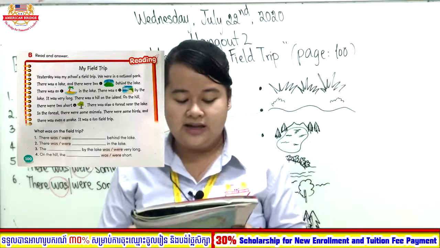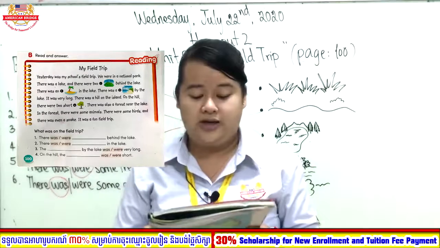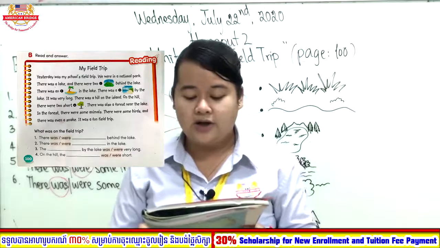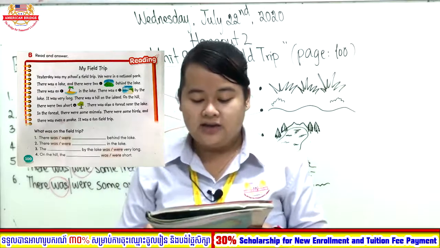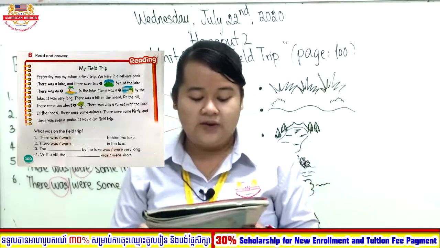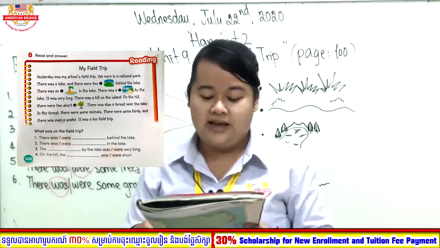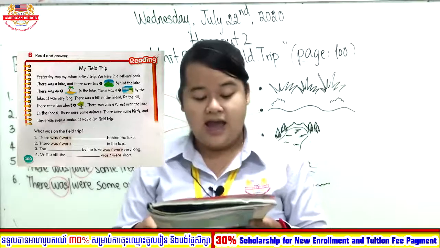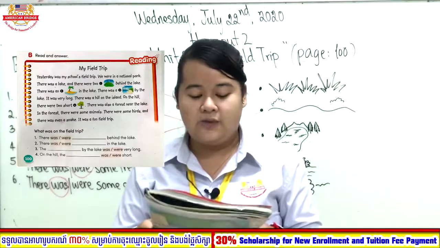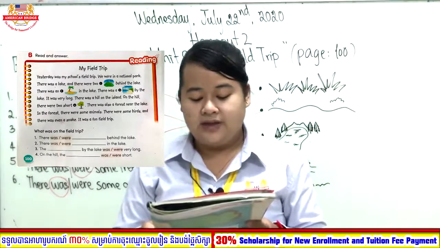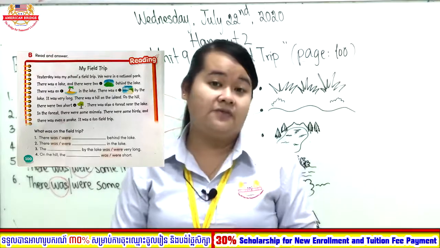On the hill, there were 2 short trees. There was also a forest near the lake. In the forest, there were some animals. There were some birds. And there was even a snake. It was a fun field trip.